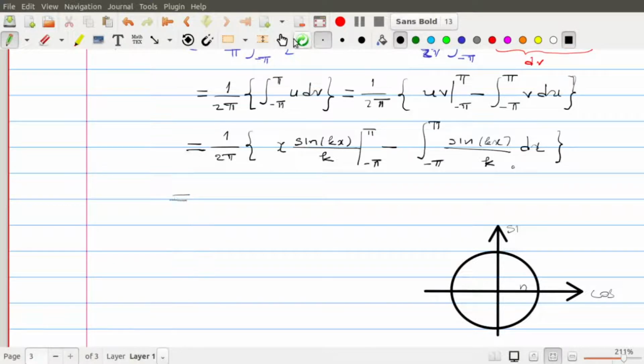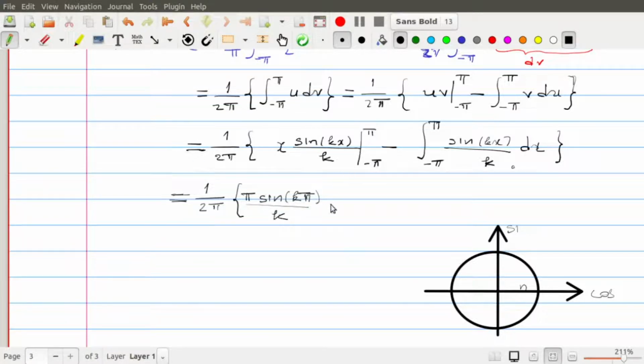So this will be equal to one by 2 pi integral. Now I evaluate this function at those 2 points. So here we have x. Sorry, x is equal to pi. So this is pi sine k pi by k.